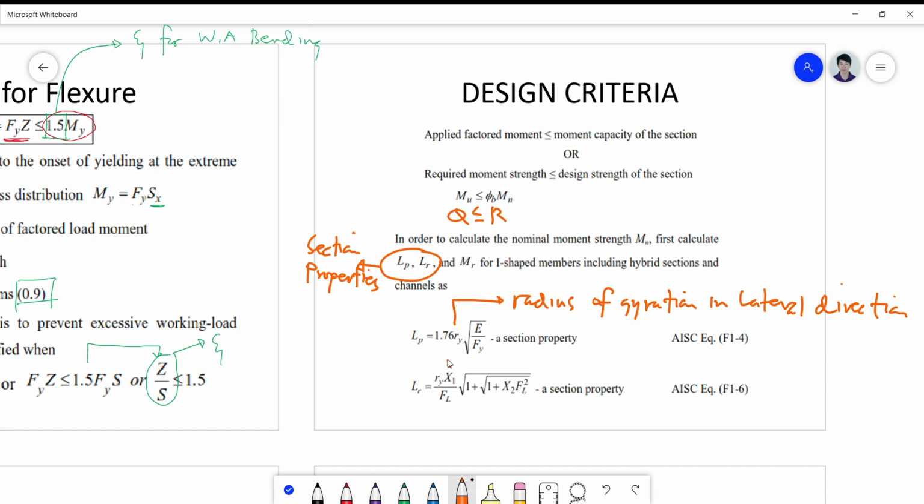While your x1 and x2 are additional properties you can have from the table. In case it is a non-standard section, you can use a formula.